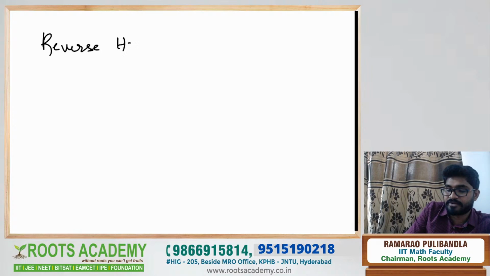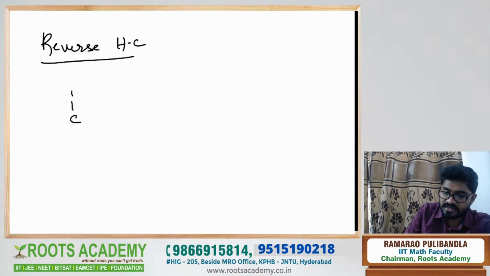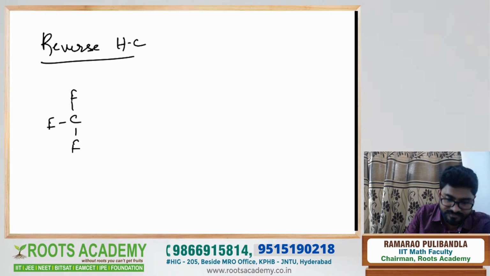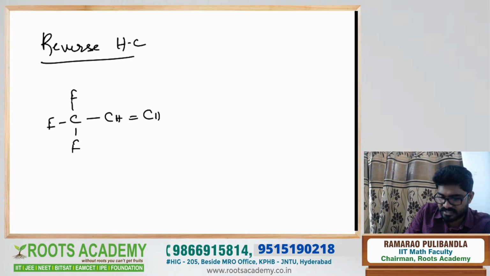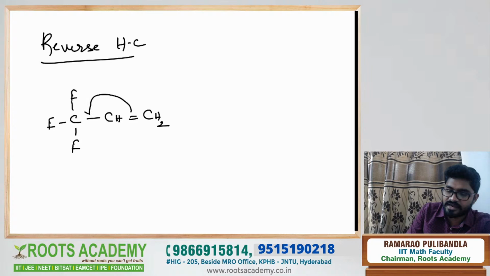A reverse hyperconjugation. See in what way it will happen. See F and F and F, CH double bond CH2 like that. So these double bond electrons are coming here and forming the bond. These electrons are going off.